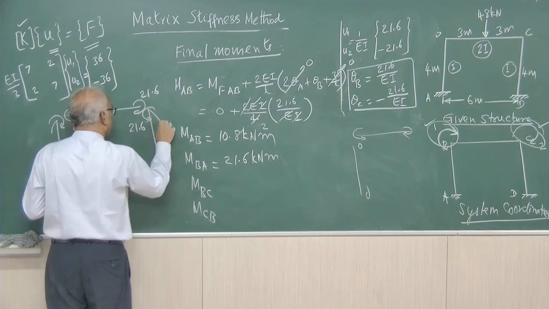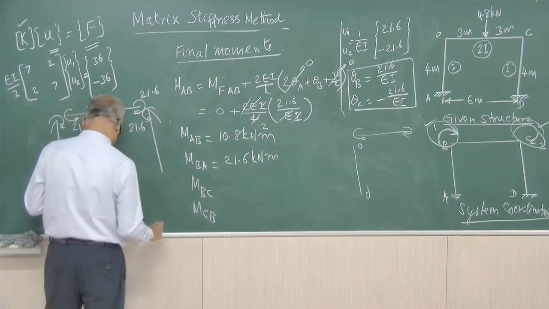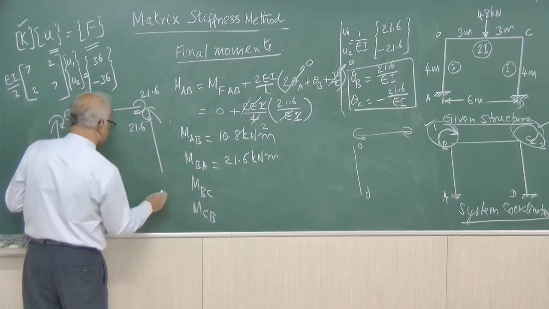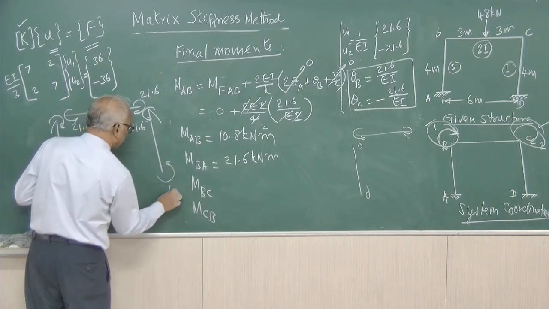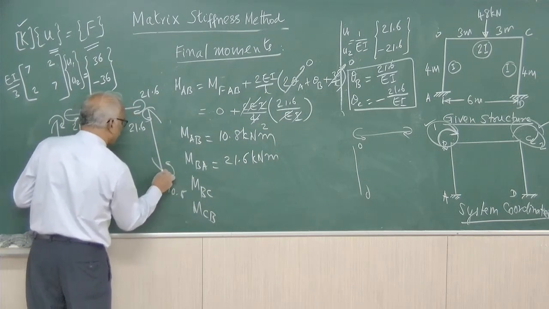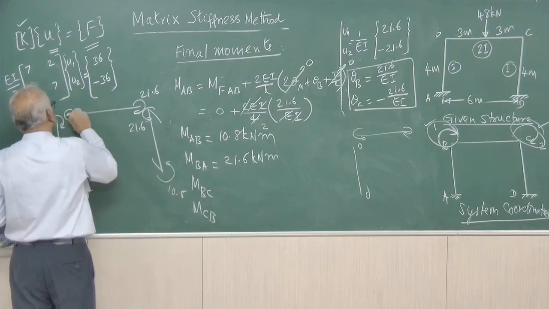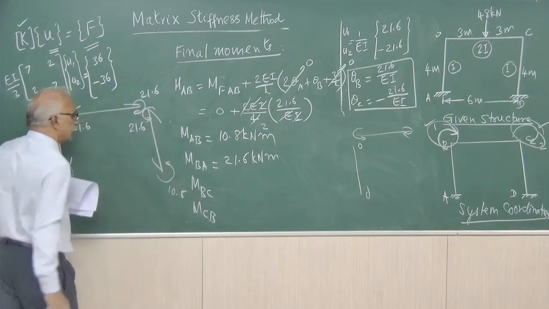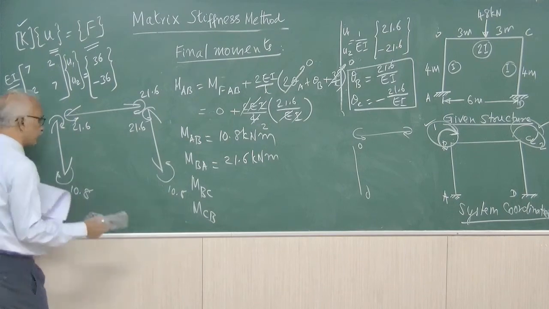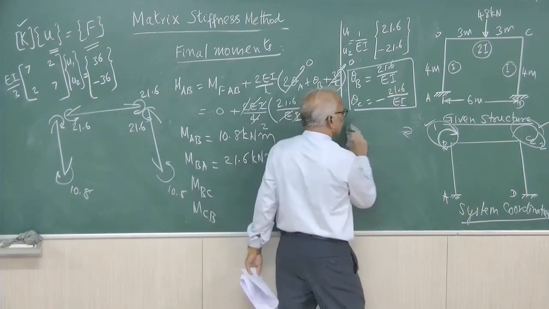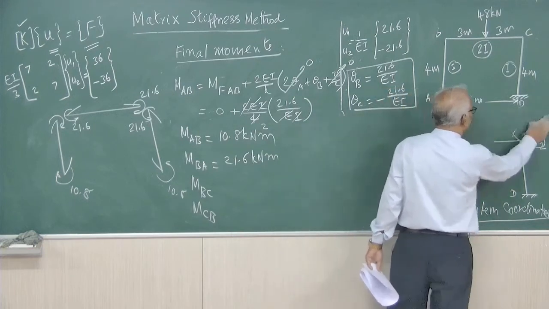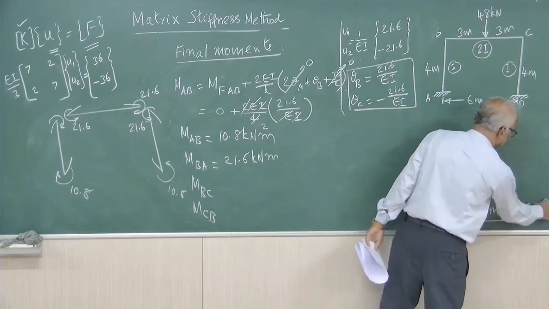Tension will be on the outer side, and here it is minus. So, this value is minus 10.8. Therefore, tension will be on the inner side. So, this is about the final moments. One can easily calculate these moments by using our standard slope deflection equations. Therefore, let us avoid spending time on this.